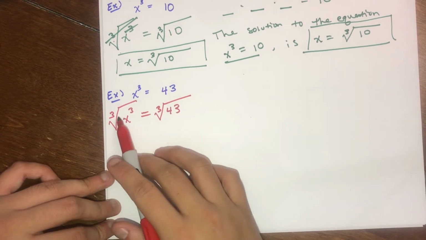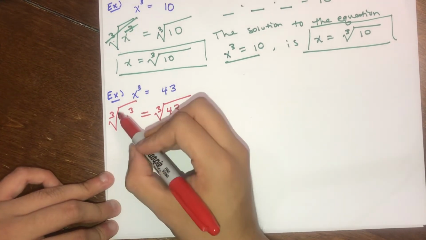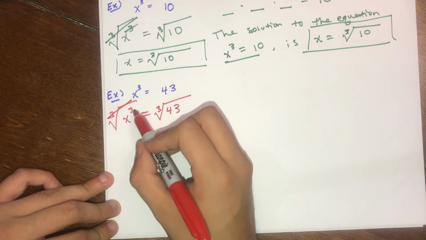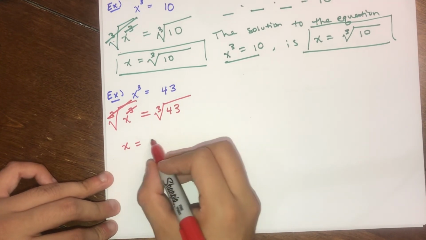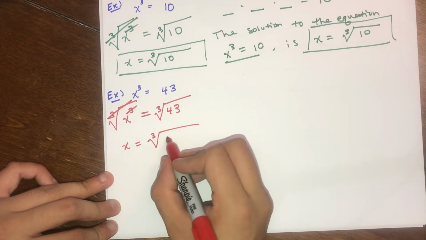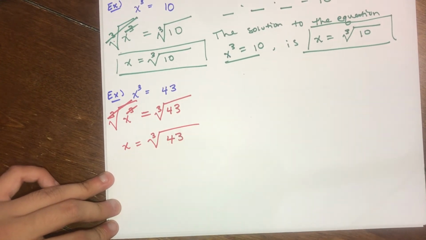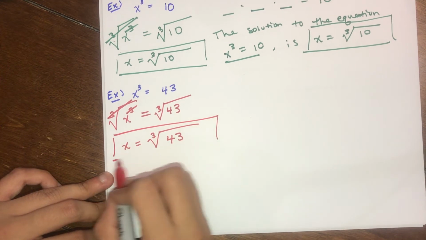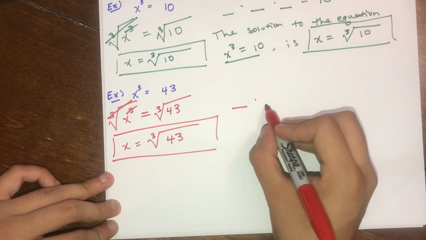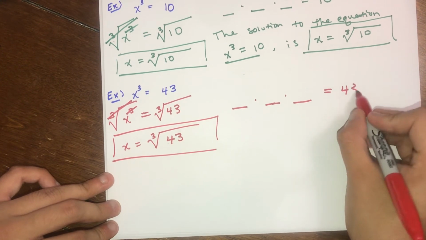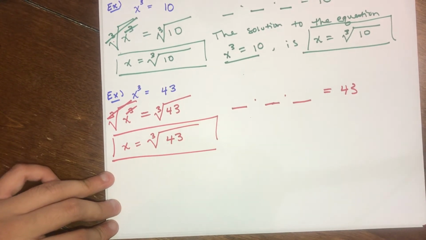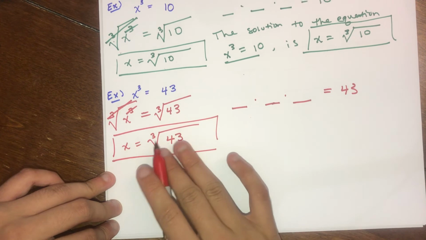It's very important that you put the 3 here because that's how we know it's a cube root. All right, so now the cube root and the cubed cancel, and we get x equals the cube root of 43. All right, and you can leave it just like this because the number that has to multiply with itself 3 times to equal 43 is just going to be some weird decimal. All right, and we can just leave it just like this.